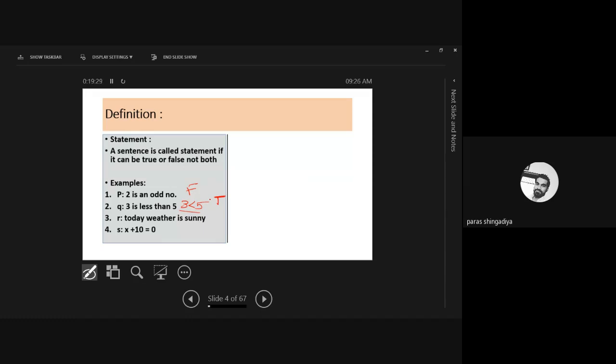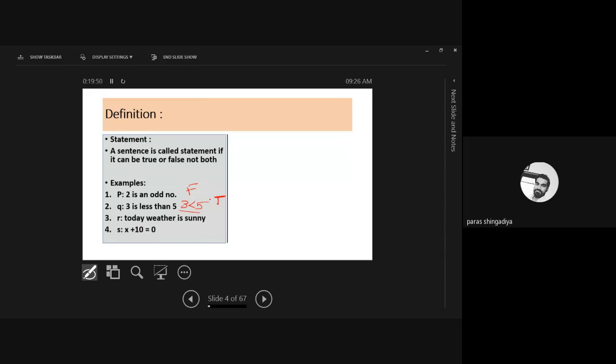But it does not have both answers. It depends on the weather. You just check the environment. So that is also a statement.